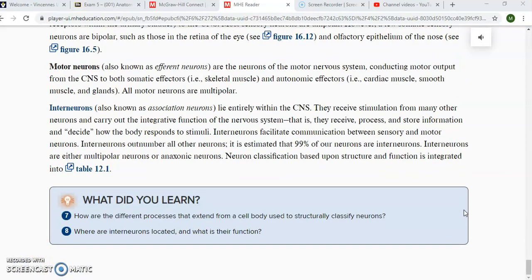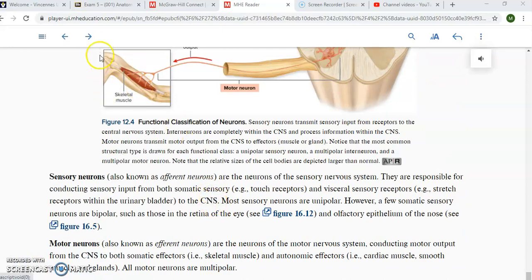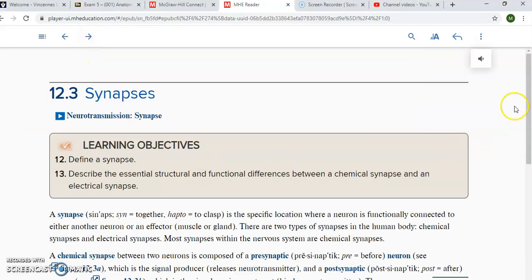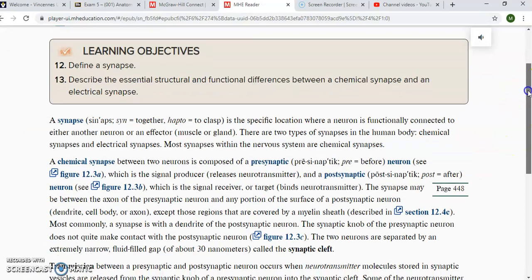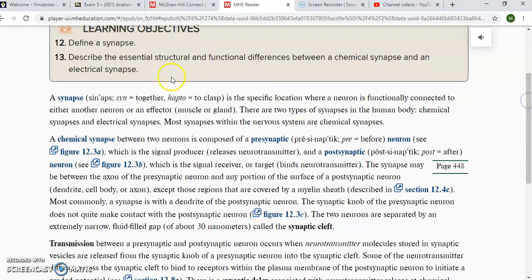All right, and the last thing in this video we're going to talk about, and we've talked about it in the previous chapter, chapter 10, is a synapse. So remember that a synapse is just that area or location where we have communication between 2 cells.